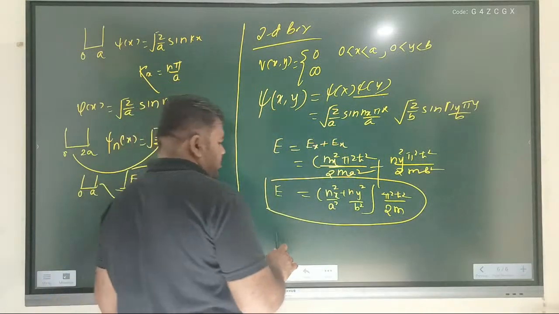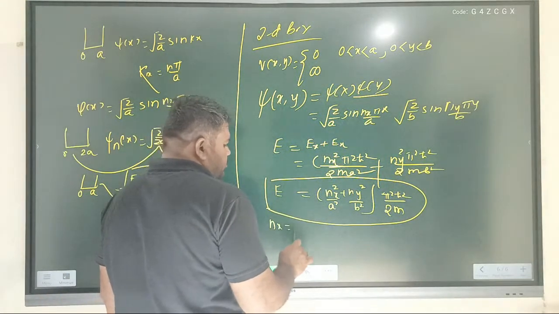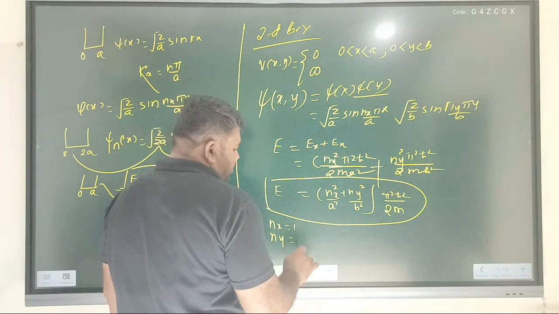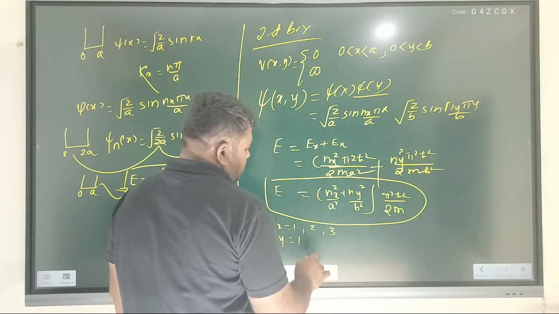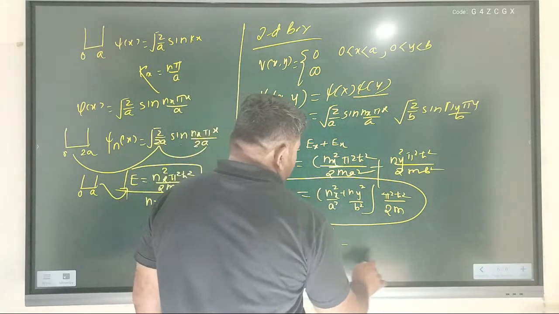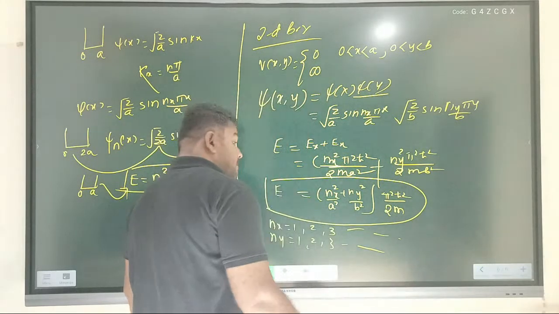Starting nx and ny: nx is equal to 1, and ny also 1, 2, 3, and so on. Clear? Now here, two different wave functions give the same energy. Then we can say this will be degenerate. Energy formula is equal to how much? E of nx, ny is equal to.